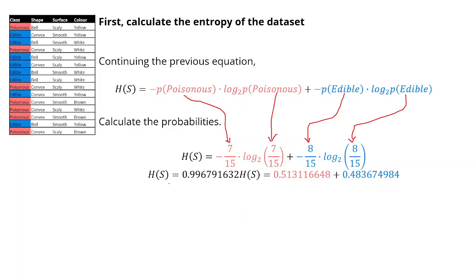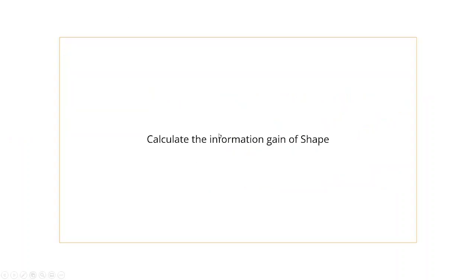Then if we calculate it, actually, this one first. If we expand it, it becomes 0.513116648 plus 0.4836749984. If we add it, it becomes 0.99671632.